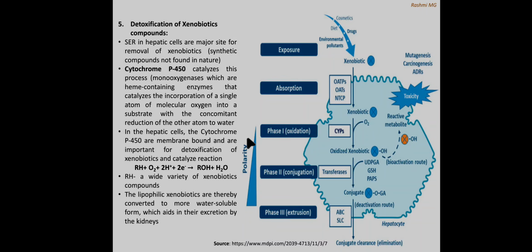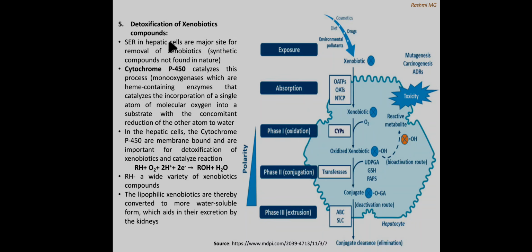In the hepatic cell, the cytochrome P450 are membrane bound and are important for detoxification of xenobiotics. In this reaction, RH refers to the xenobiotics. The lipophilic xenobiotics are thereby converted to a more water soluble form, which aids in their excretion by the kidneys.